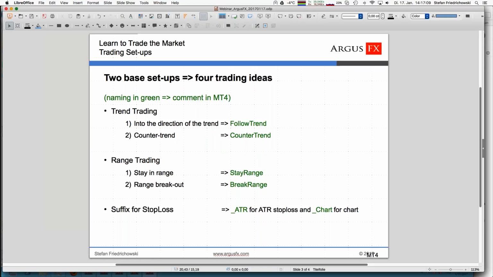And if we use the ATR value, then we use the suffix _ATR. So finally, a trade might be labeled with break range _ATR. That would be the label in the comment field of MT4 for that specific trade.